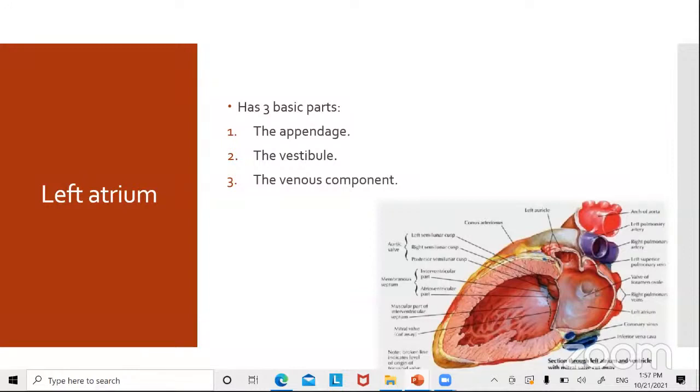So the left atrium possesses a large smooth wall body, which represents the larger part of the atrial component. Also, unlike the right atrium, the venous component of the left atrium, which is the four pulmonary veins, is considerably larger than the atrial appendage and has a narrow junction with the vestibule that is not marked by a terminal groove or terminal crest like the one in the right atrium.